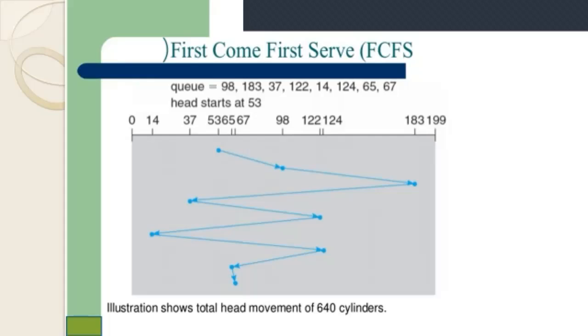From 53 to 98. Why from 53 to 98? 53 is the head. So whenever we start traversing, we start from 53. Then we reach 98, the first link. Then from 98 we move to 183.